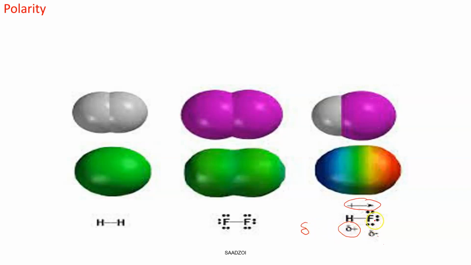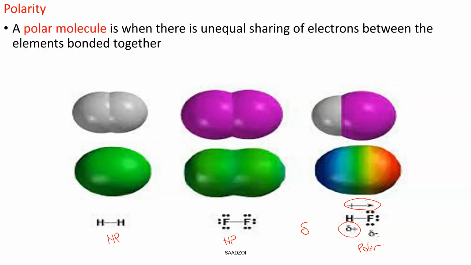Whatever is more electronegative is going to have the negative dipole. Whatever is less electronegative is going to have the positive dipole. That's what's showing here. So HF is polar. This is nonpolar, and this is nonpolar. And the reason, once again, is no difference in electronegativity. There are other ways to make a nonpolar molecule, which we'll get into.